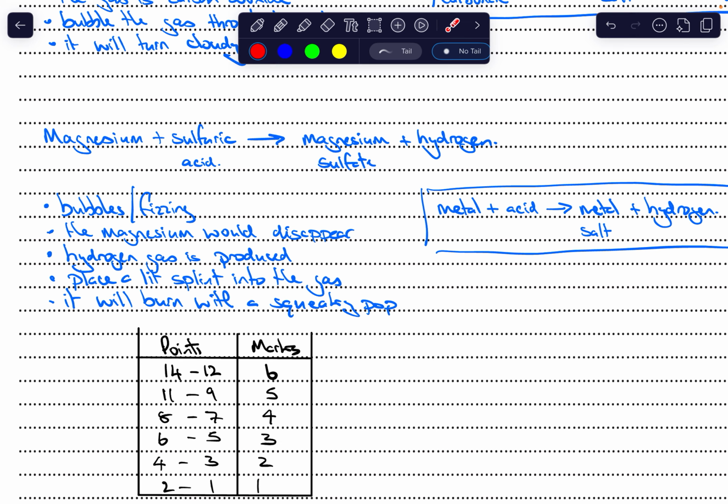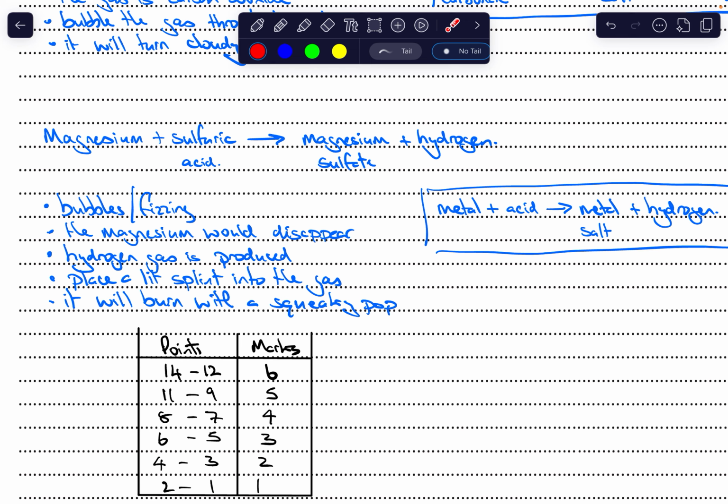Because this reaction makes hydrogen, we will see bubbling and fizzing as the gas is produced. The metal would disappear again, so we drop it in and it starts to react and disappear. How do we show the gas is hydrogen? We'd collect the gas, put a lit splint inside, and it would burn with a squeaky pop.